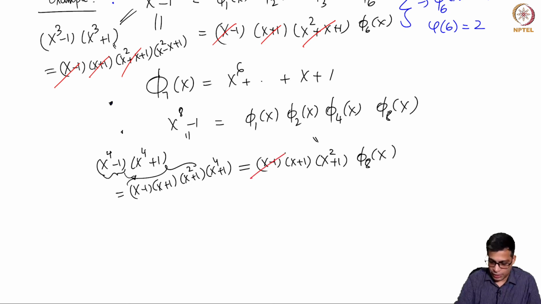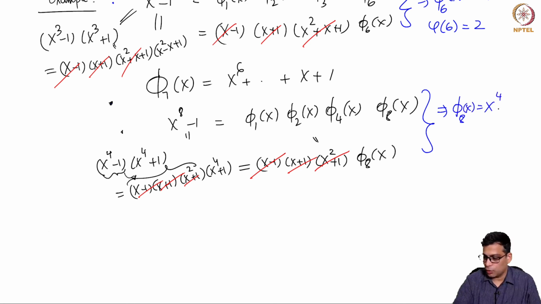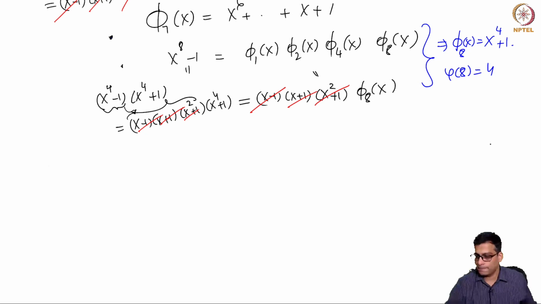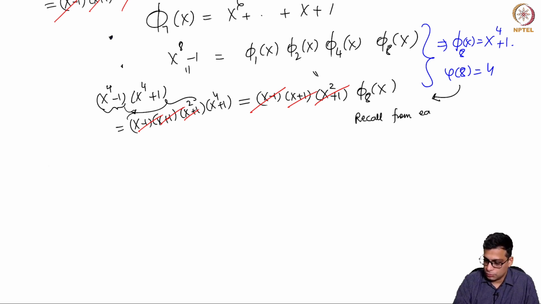Okay. Now you can see that you can cancel these three factors. So the conclusion is Phi8 of x is x power 4 plus 1. And this of course confirms that phi of 8 is 4, but also you should recall from earlier we worked out the Galois theory of this extension before.